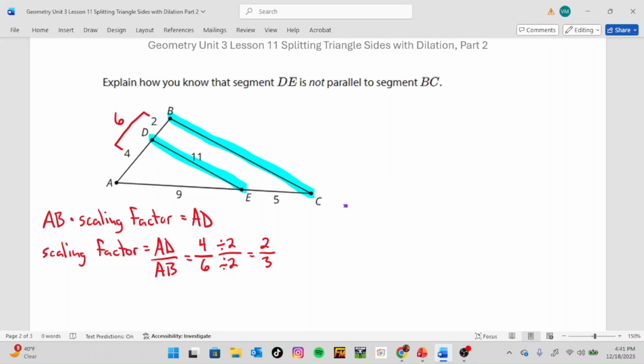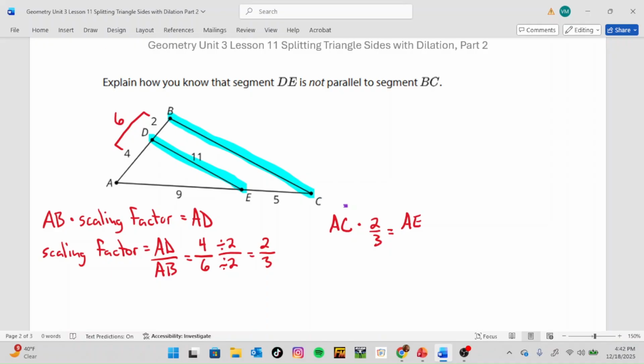Now, if these two lines in blue are actually parallel, then I should be able to take the original side on the bottom, AC, and multiply that by this same scaling factor, 2/3, and I should get the new AE.